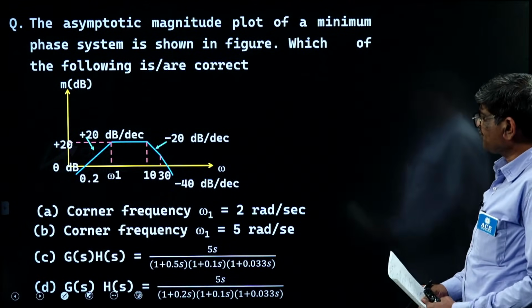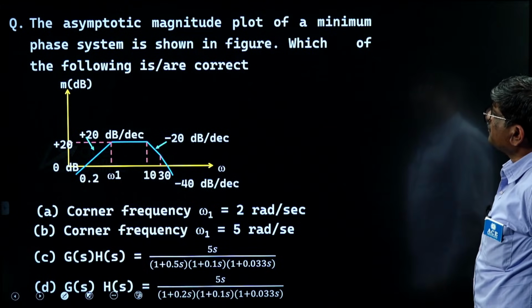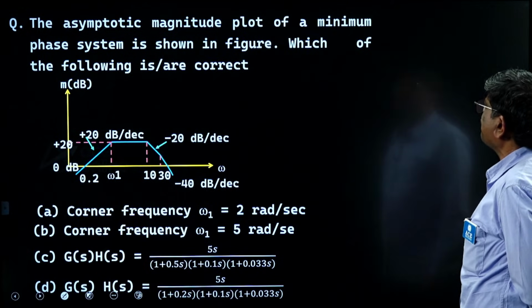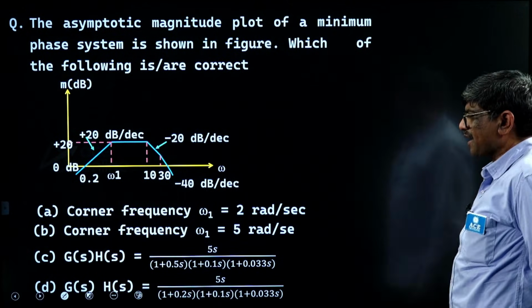This question you tell. The asymptotic magnitude plot of a minimum phase system is shown in the figure. Which of the following is correct?